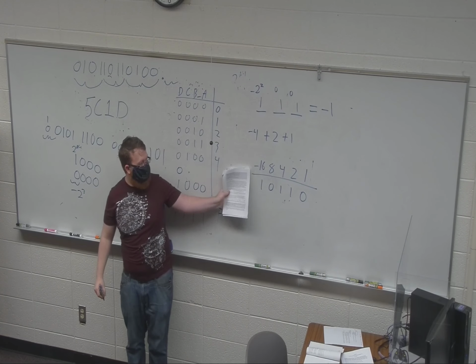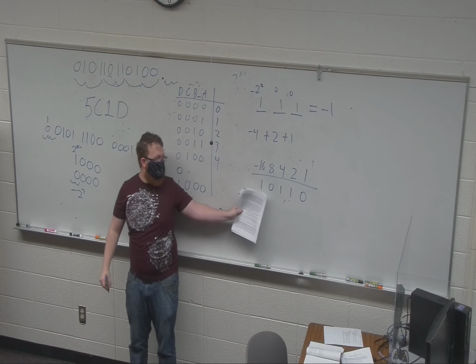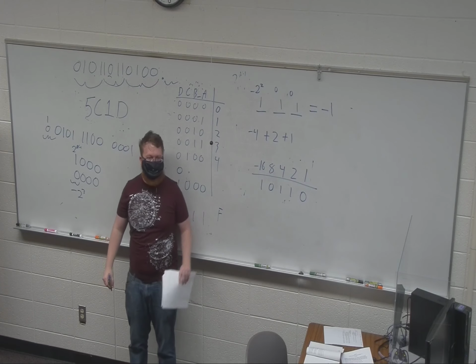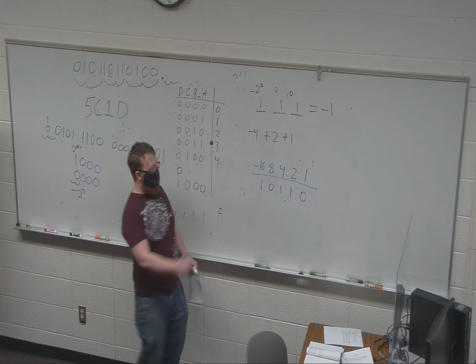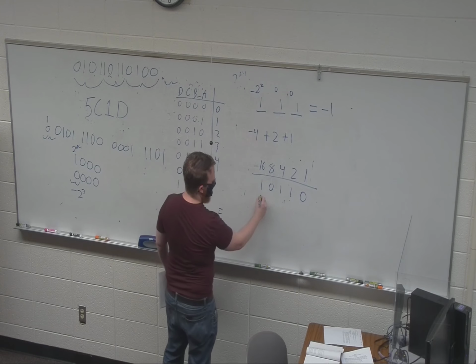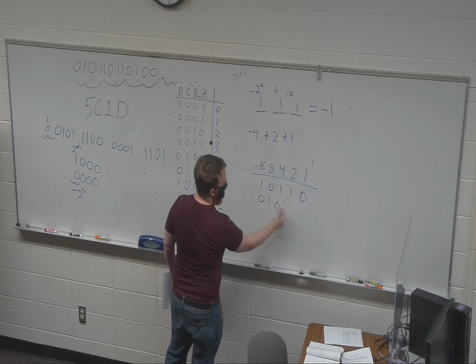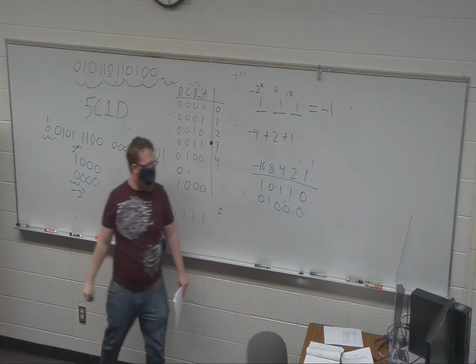Right, so I have minus 16 plus 4 plus 2. So that is negative 10. Okay. Everyone's good? If you ever just need an 8 or something, you just add 0 before it. Yeah, if you wanted 8, you would just do 0, 1, 0, 0, 0. Okay.